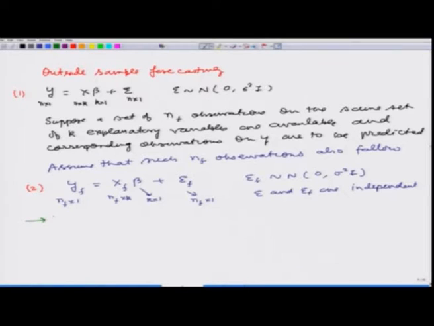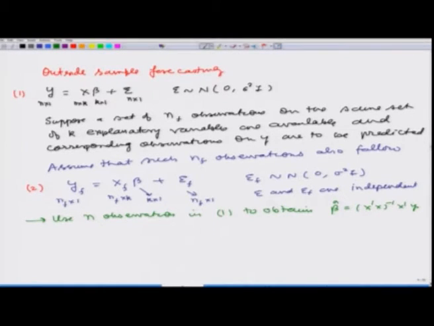The first step is to use the n observations in model number 1 to obtain the estimate of beta as beta hat equal to (X transpose X) whole inverse X transpose y.